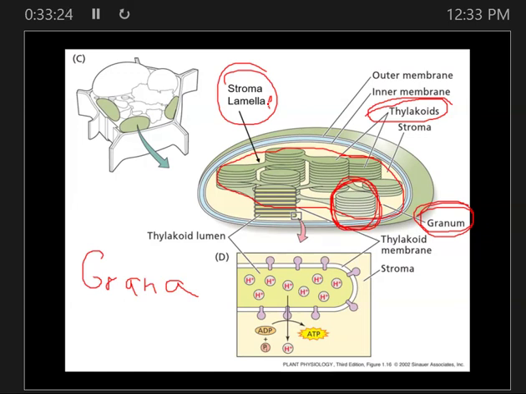That lower image, figure D, you see ATP is getting made, and they're trying to draw a proton gradient. So we're going to be talking a lot about a proton gradient. I can't draw a proton.